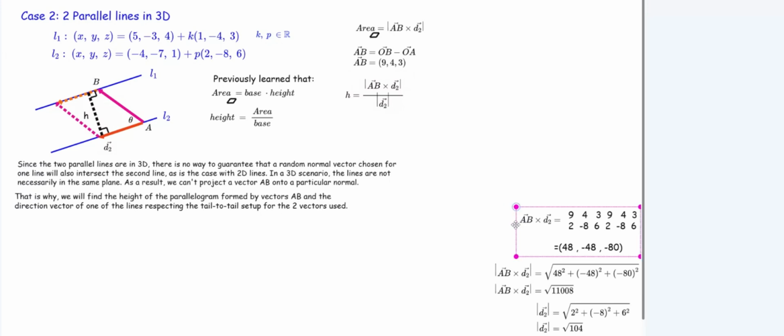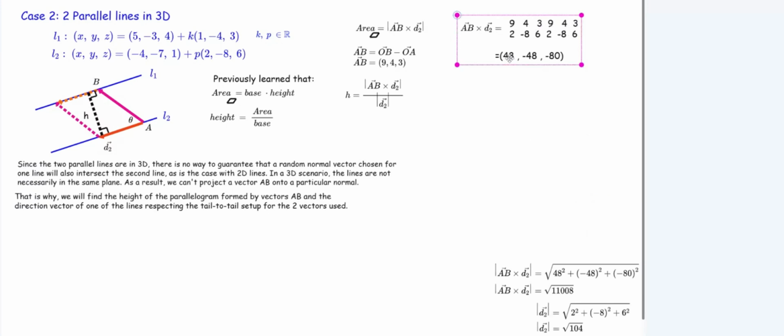I'm going to show these right away, so you have them in front of you. I'm finding them, but you can test it yourself as well. This is previous knowledge, no need to prove it again and again. So AB cross D2, you're going to get the given vector here, (48, ?, -80).